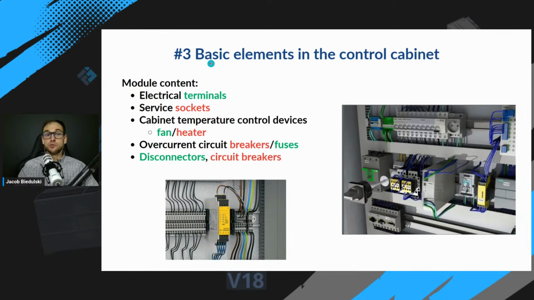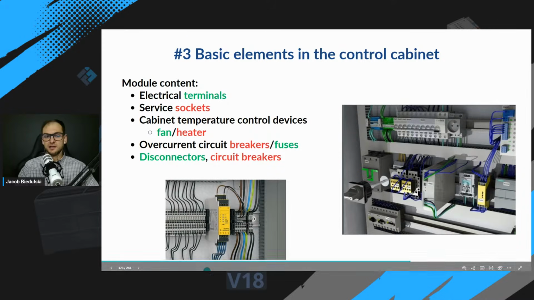Then we'll move on to basic elements in the control cabinet. So here you will learn how the electrical terminals look like, how they are represented on the electrical schematics.